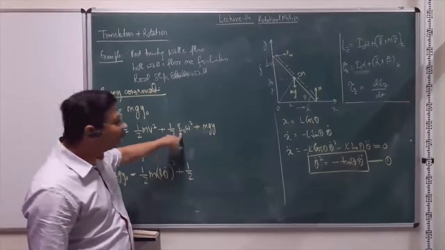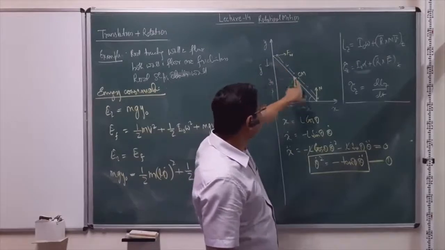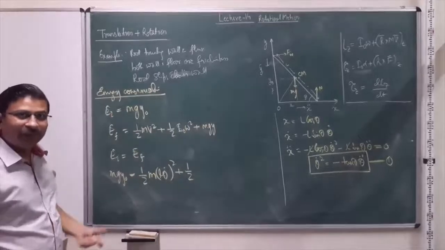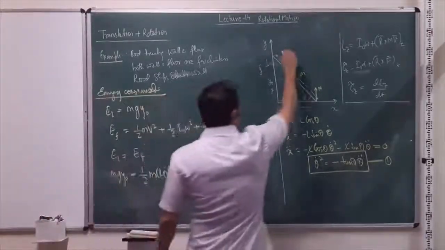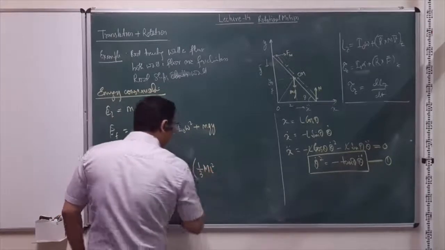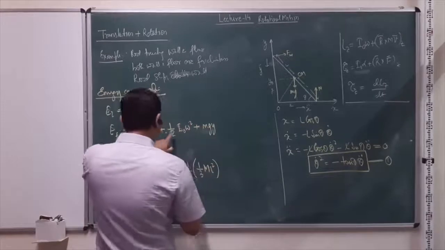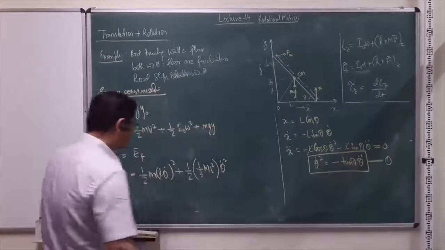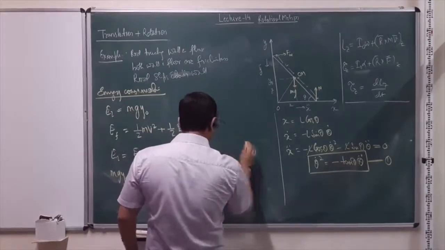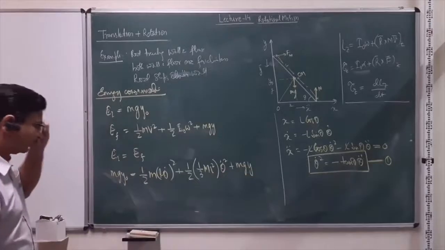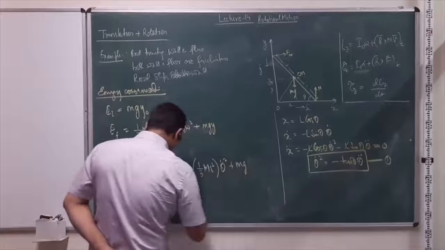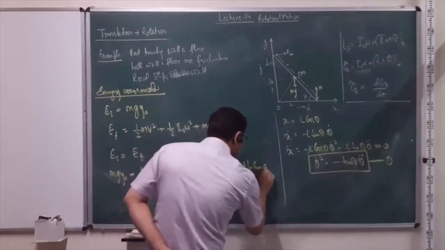I0 is the moment of inertia of a rod about the center of mass, which we know is 1 by 12 ml square for a rod of length L. Now here the rod has length 2L, so this simply becomes 1 by 3 ml square, and then omega square, so theta dot square, plus mgy. Now what we can do is write this y as L sin theta.